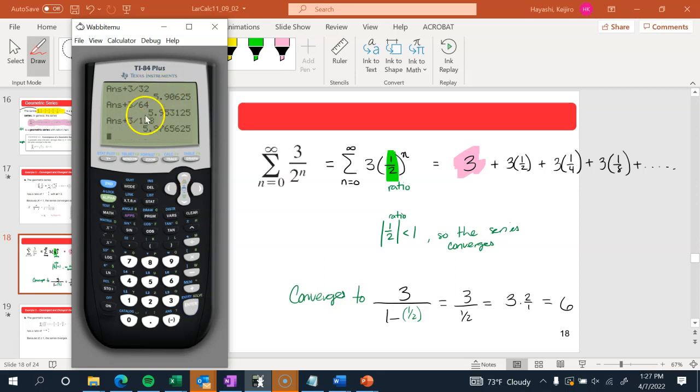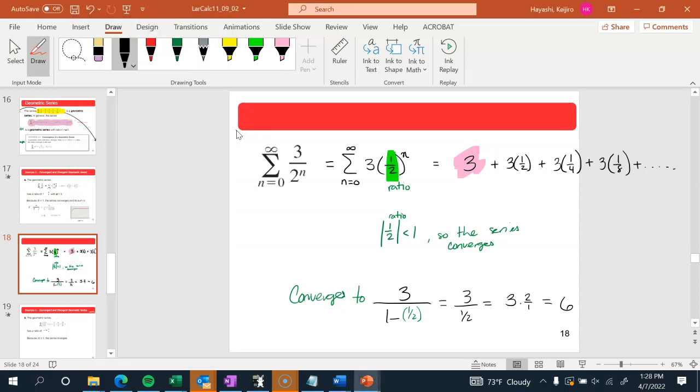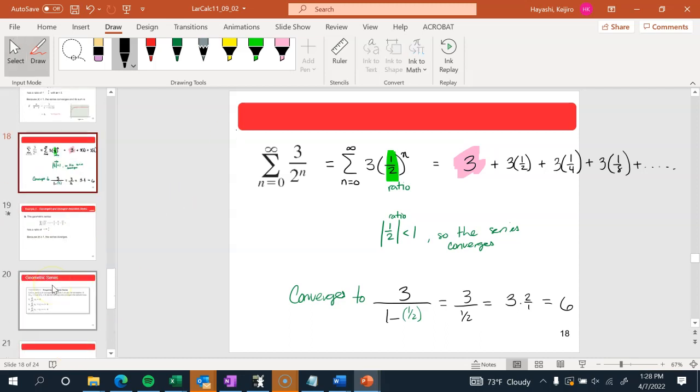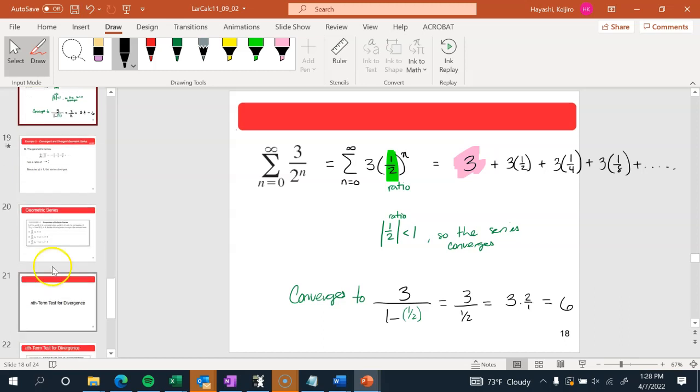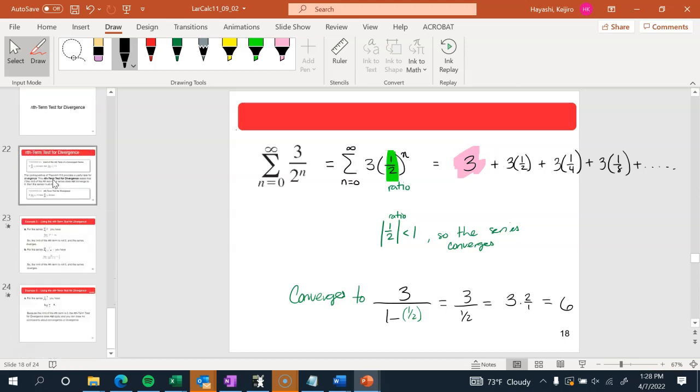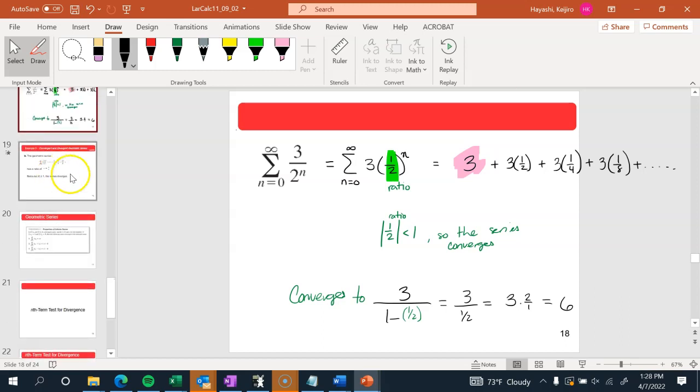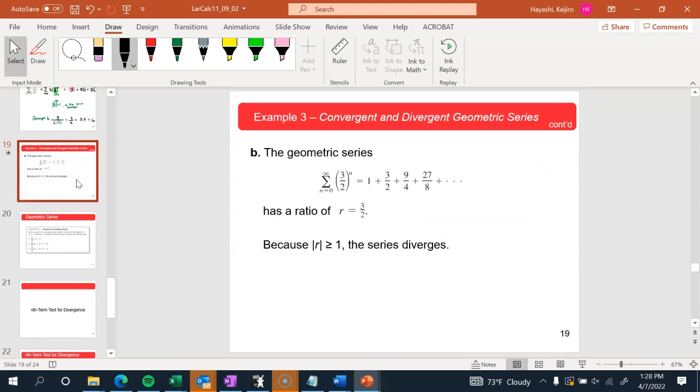This sort of sum where you keep adding these terms together is closing in on a value of 6. We're not actually going to calculate very much of this.